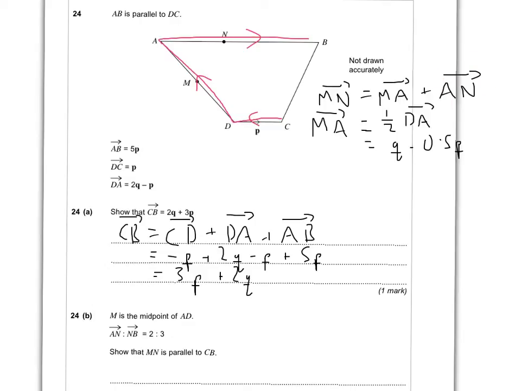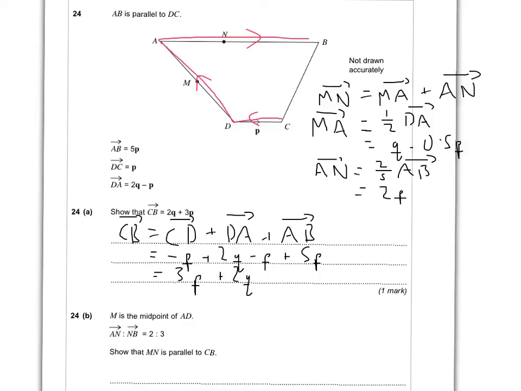So let's see what AN is. AN is a journey from A to N, which is only part of the way across from A to B. It's not the whole way from A to B. I know that it's 2 out of the total of 5 parts. This is 2 parts, this is 3 parts, so AN will be 2/5 of AB. I know that AB is 5p, so 2/5 of 5p is going to be 2p.